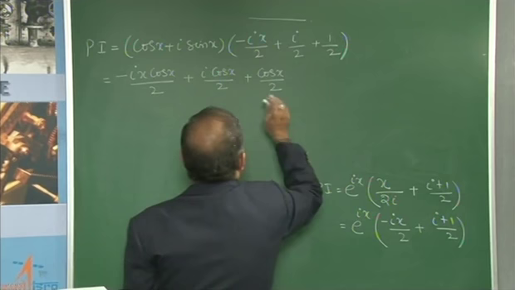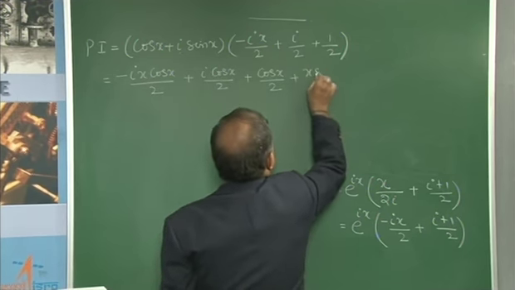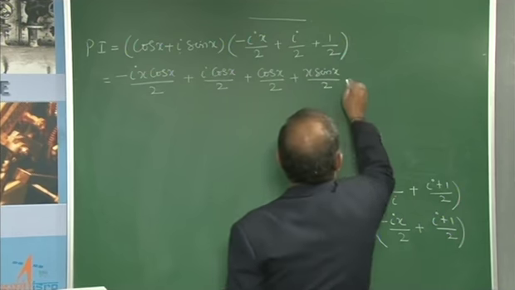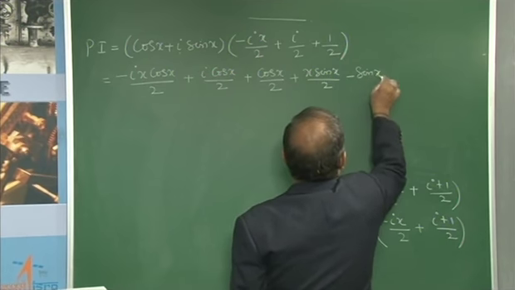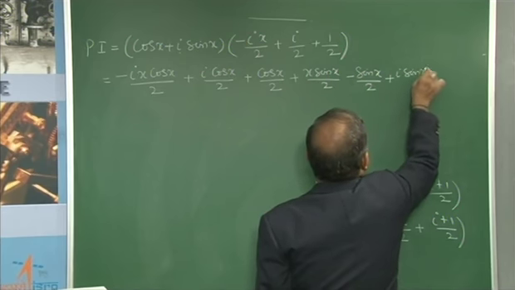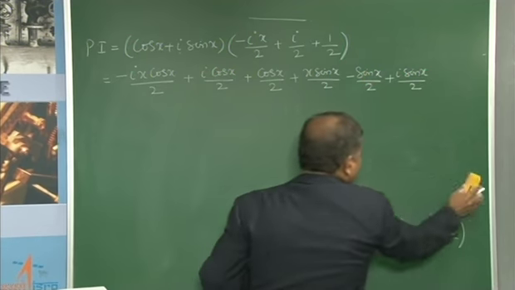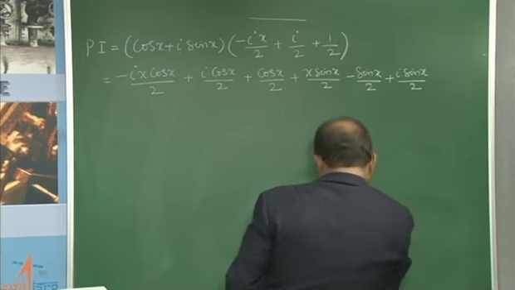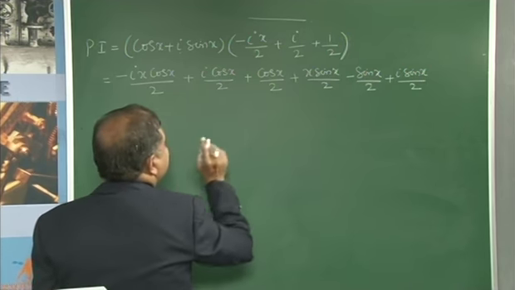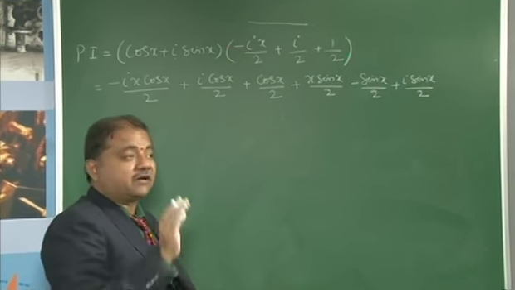Now with sin, I into I squared, again it is minus. So, x sin x by 2, then minus sin x by 2, but plus I sin x by 2. Observe clearly. So, I have multiplied all the terms, first with cos x the 3 terms, then with I sin x with other again the 3 terms. What part we need? We need the real part.